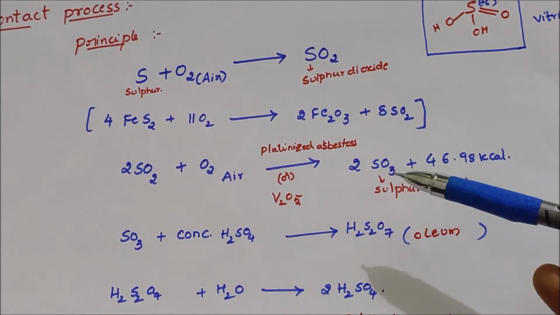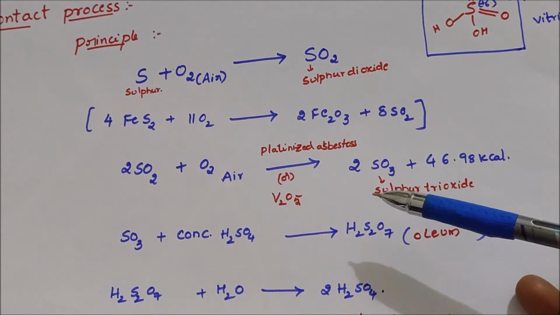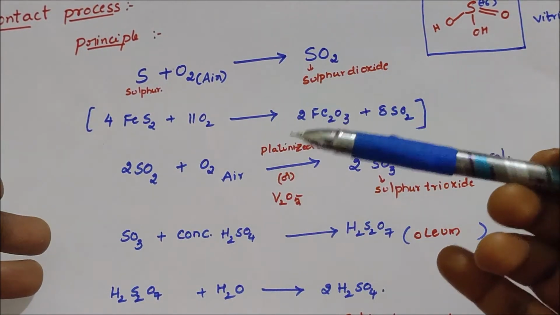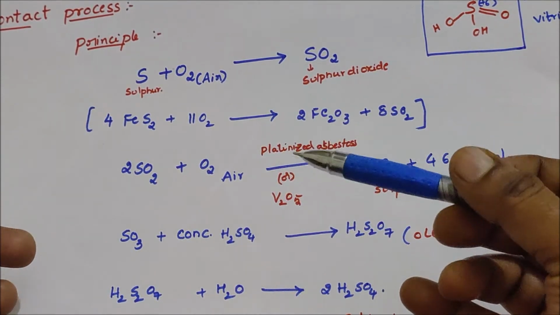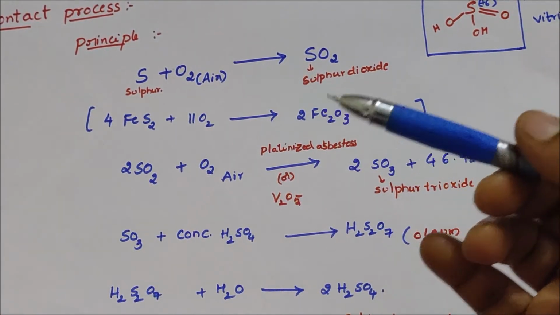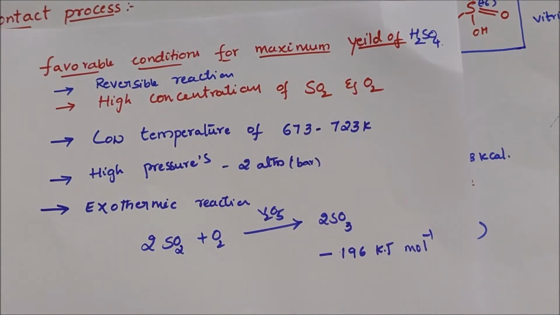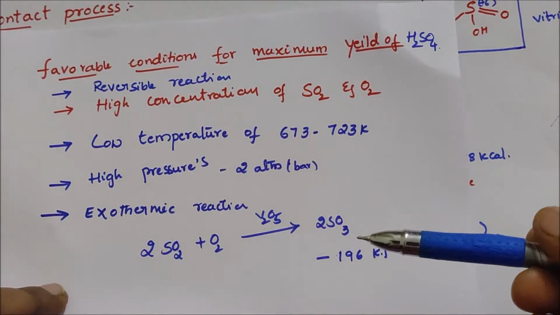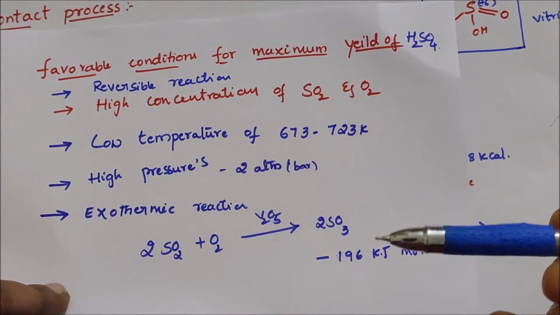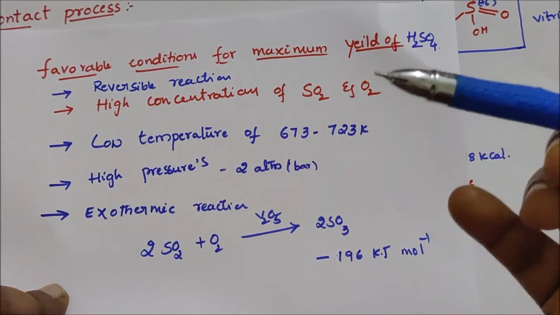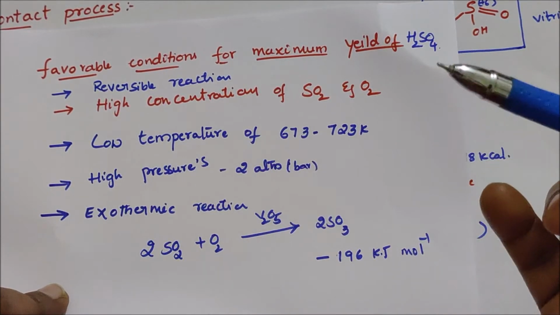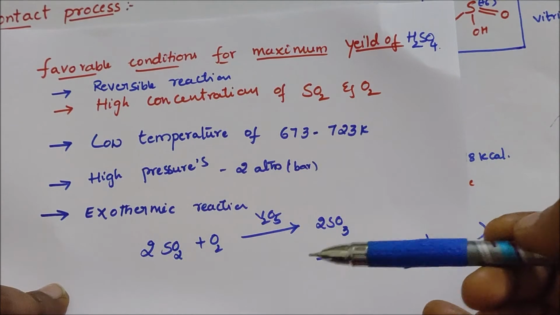Some favorable conditions are needed for maximum yield of sulfur trioxide. These are the conditions to obtain good quantity and good quality yield of sulfuric acid. This is a reversible reaction.